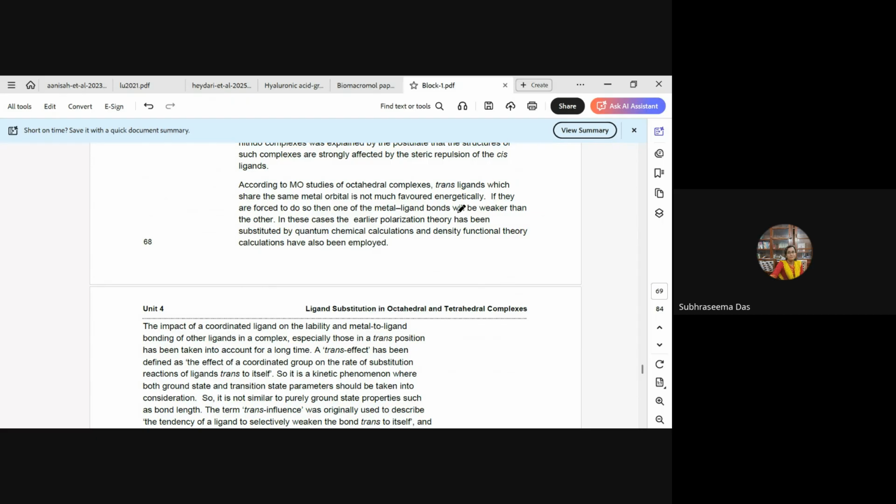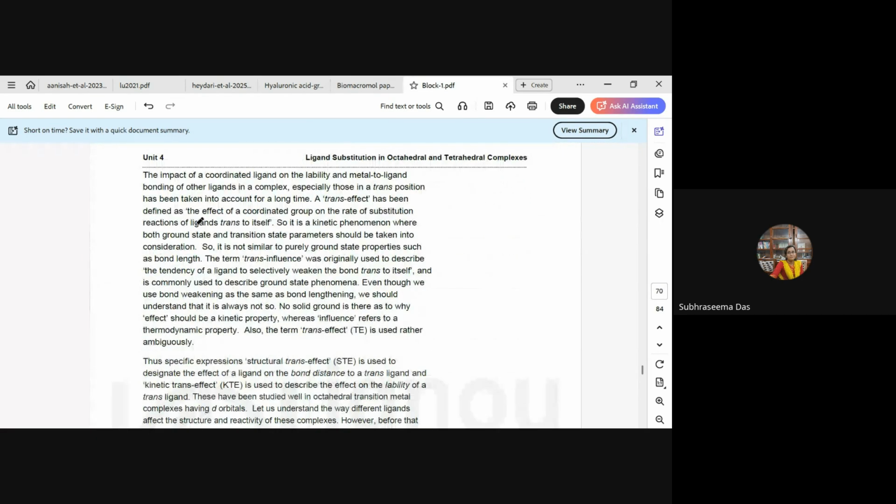If they are forced to do so, then one metal ligand bond will be weaker than the other. So in these cases, the earlier polarization theory has been substituted by quantum chemical calculations and DFT theory. The impact of a coordinated ligand on the lability and the metal to ligand bonding of other ligands in a complex has been taken into account.